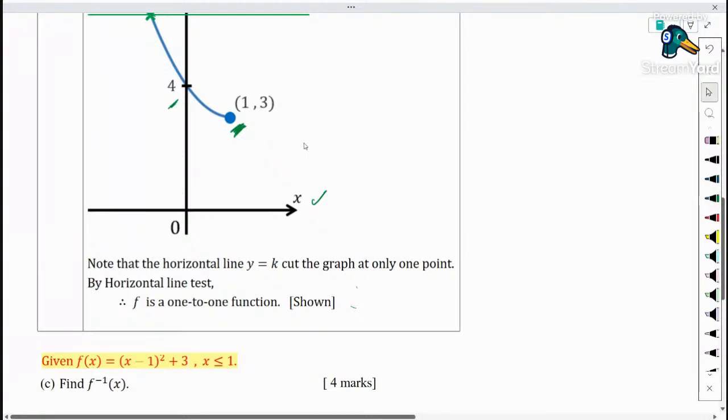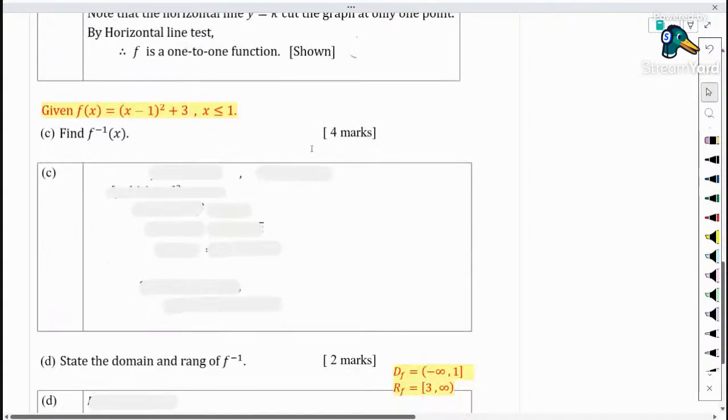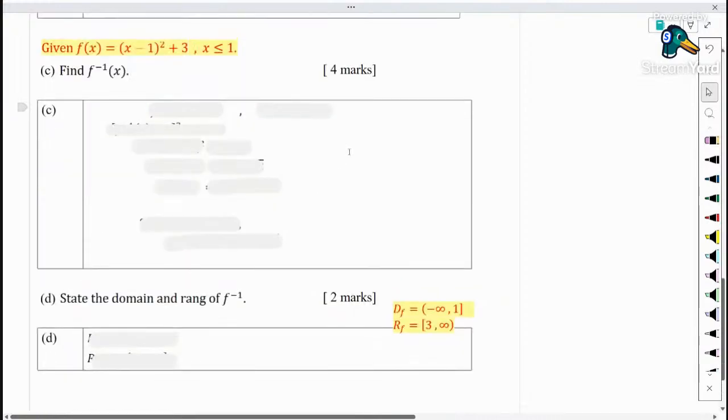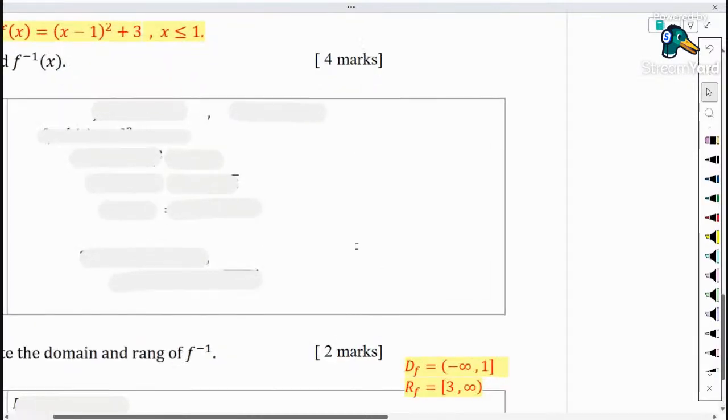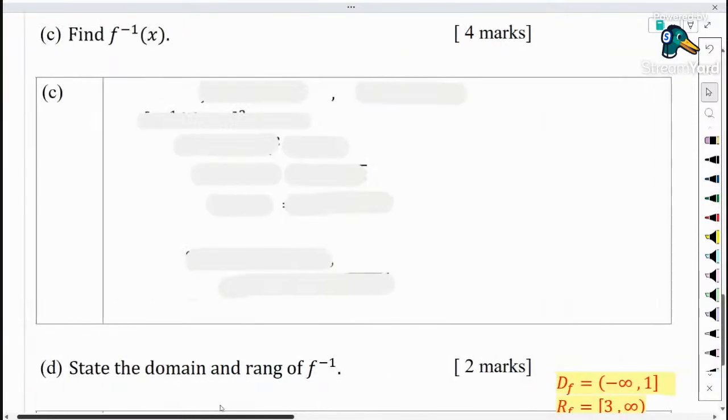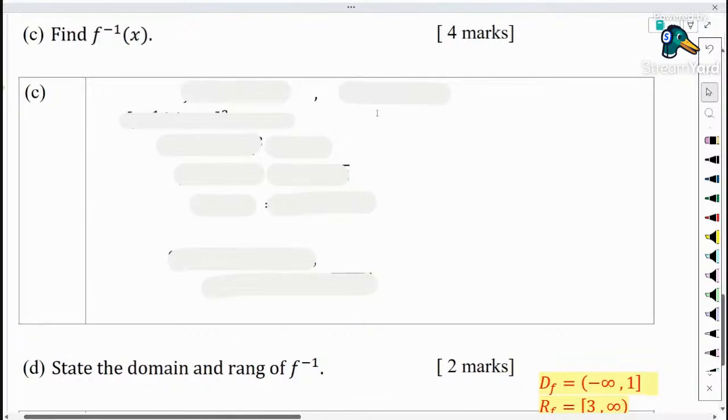Proceed further. Part C, on how to calculate the inverse. In this calculation of the inverse, take notes. Again, I believe in your SPM level, maybe you used to do the technique where you let y and then you try to solve the question.